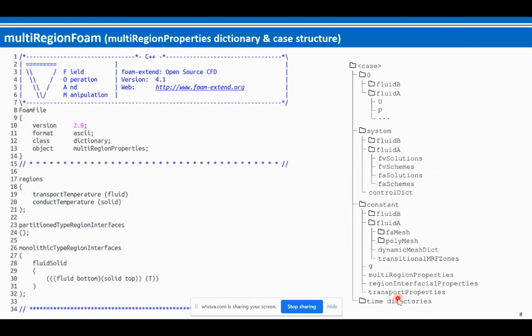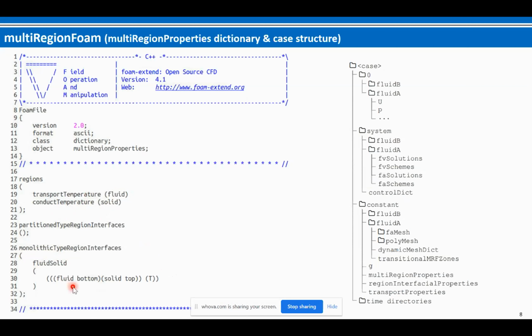For a simple conjugate heat problem, we have two regions here. Fluid, which has the region type transport temperature, and the solid, which is of type conduct temperature. So these are the specific region types. And the coupling approach selected here is monolithic.